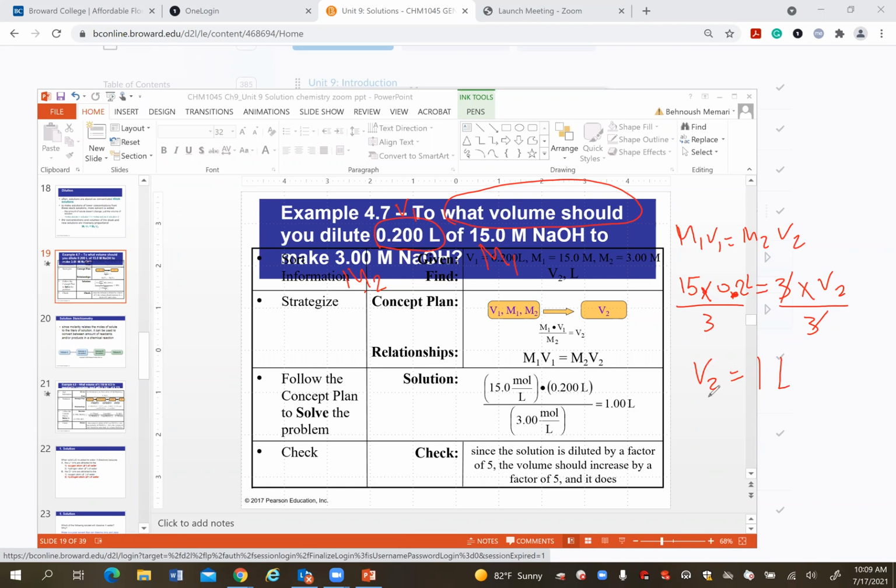So this is the final volume. If the question asks how much water, you would subtract the initial volume from the final volume: 1 minus 0.2 is going to be 0.8 liter. So 0.8 liter of water should be added.